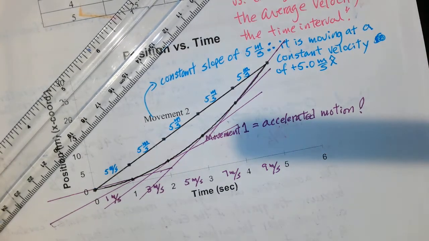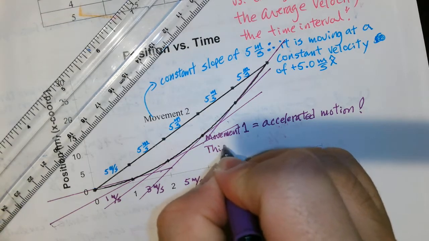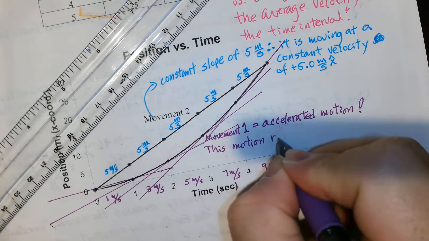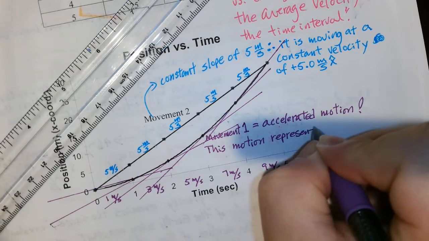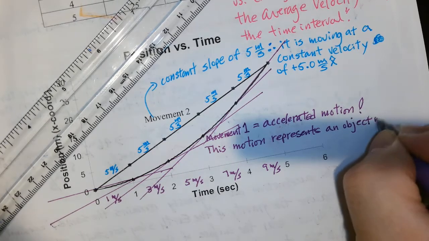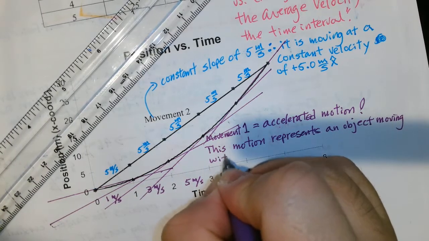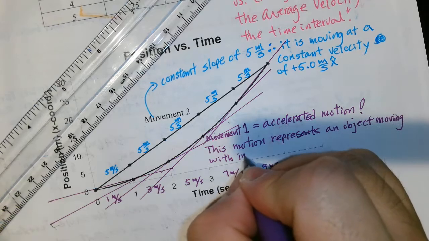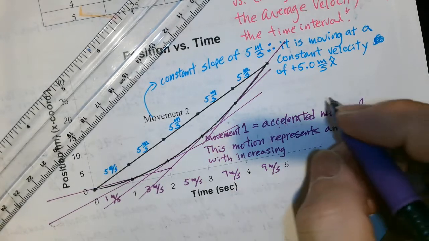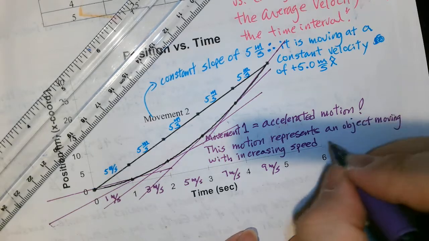This motion represents an object moving with increasing speed during every second.